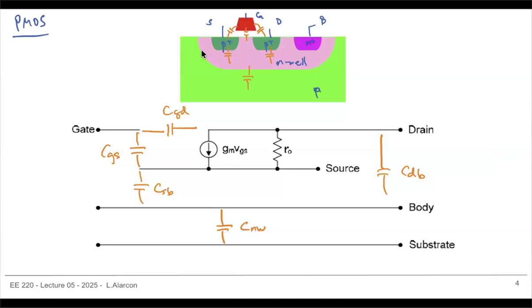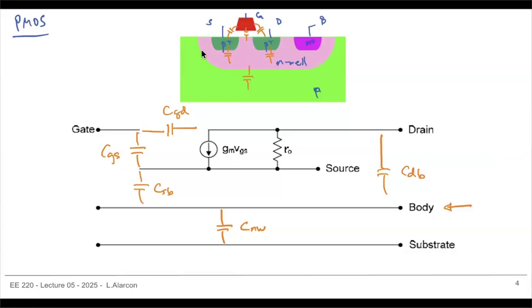And in most cases, if we're not using body biasing, for example, we don't really have much to worry about there. However, in some cases, we actually want to control the body. And notice that controlling this is not free.